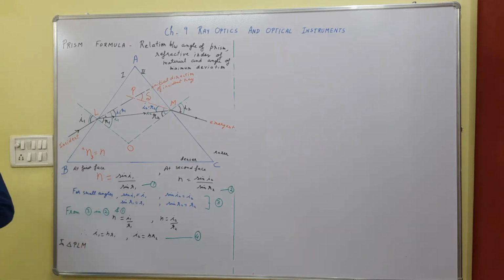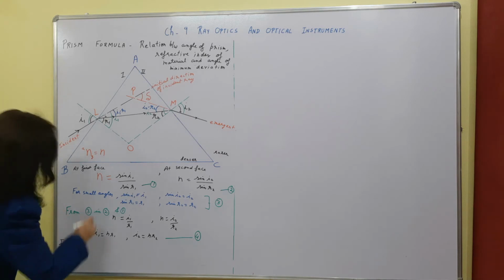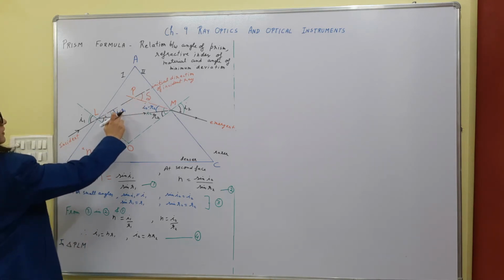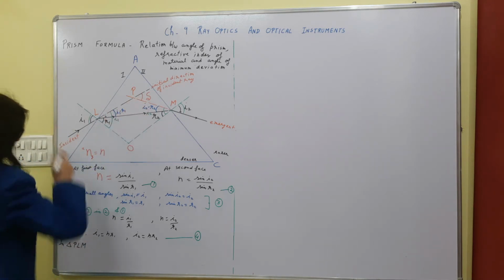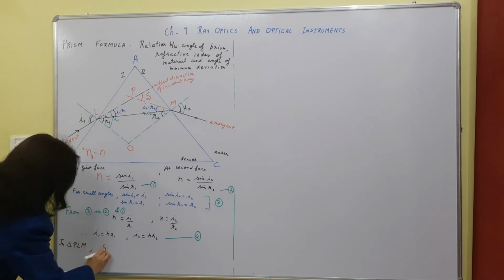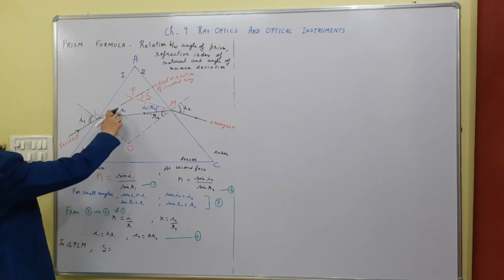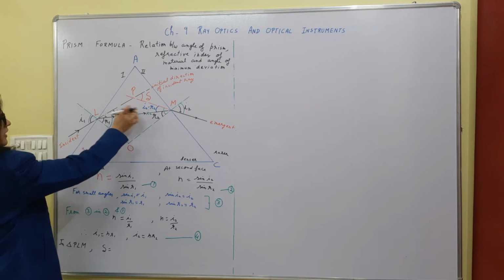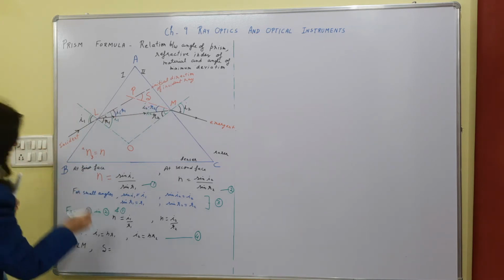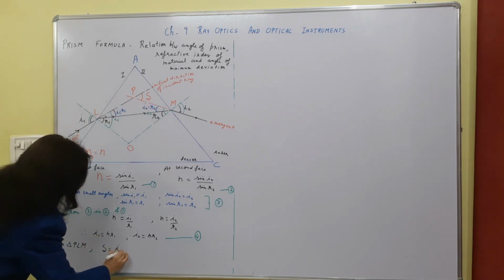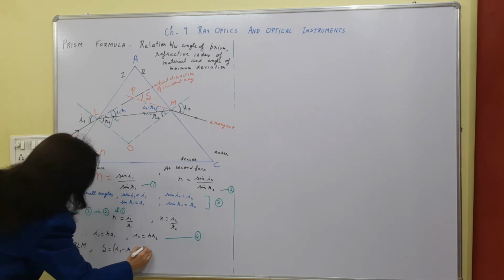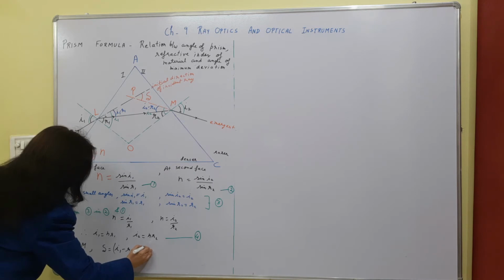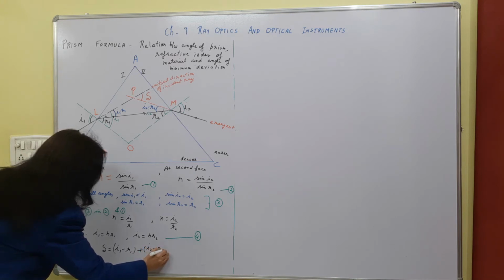In triangle PLM, this is the exterior angle and these are the interior opposite angles. So you can say that delta is equal to I1 minus R1, this is one angle, and I2 minus R2, this is the second angle. Sum of these two, I1 minus R1 plus I2 minus R2.